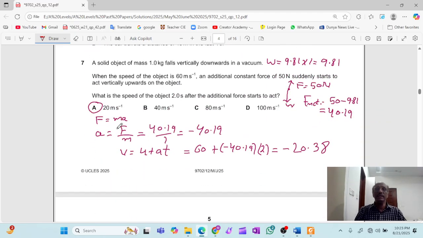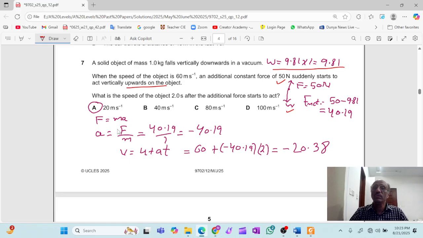Now this question contains a bit of understanding related to forces. A solid object of mass 1 kg falls vertically downward in a vacuum. So the weight of the object will be this. When the speed of the object is 60 meters per second, an additional constant force of 50 Newton suddenly starts to act vertically upward. Now one force is acting in the downward direction, that is weight, and one force suddenly appears in the upward direction.